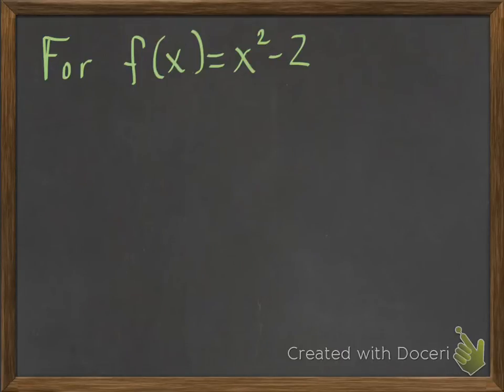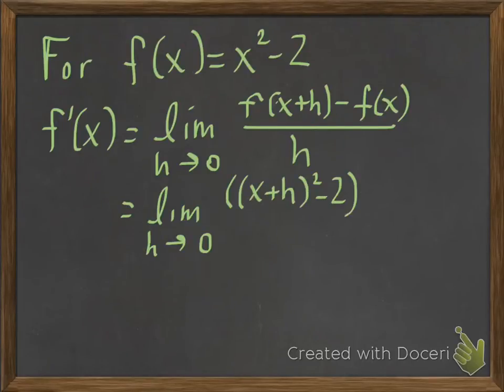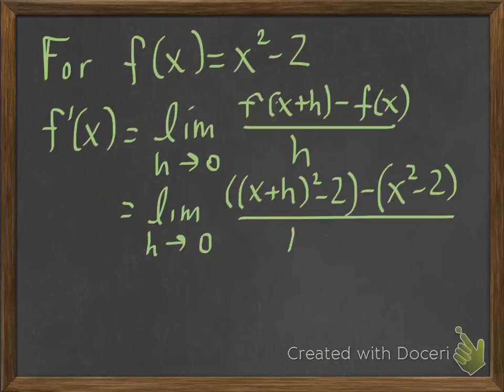So for f of x equals x squared minus 2, the definition of the derivative function is f prime of x equals the limit as h goes to 0 of f of x plus h minus f of x over h. And that is the limit as h goes to 0 of x plus h quantity squared minus 2 minus the quantity x squared minus 2 all over h.